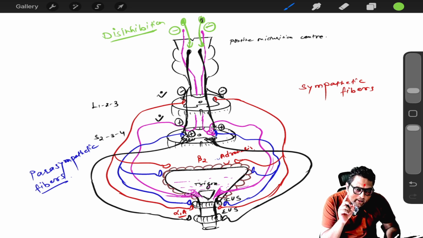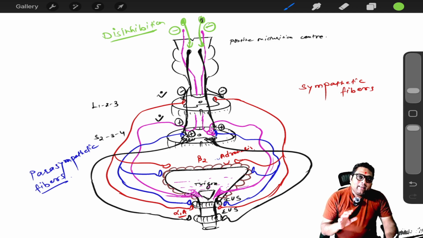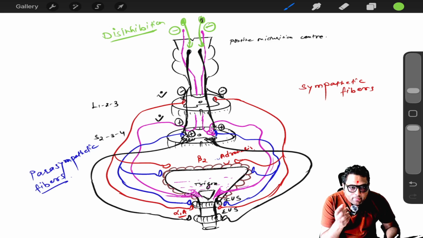Under inappropriate places, the pontine micturition centers are kept inhibited to prevent voiding.